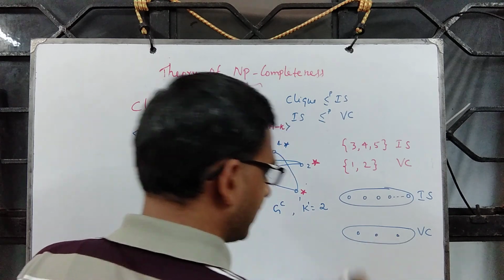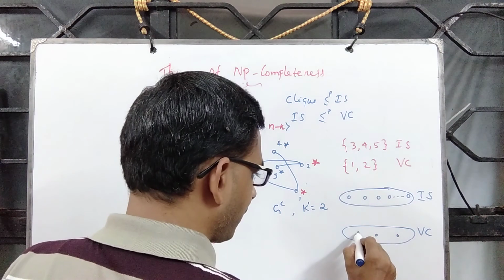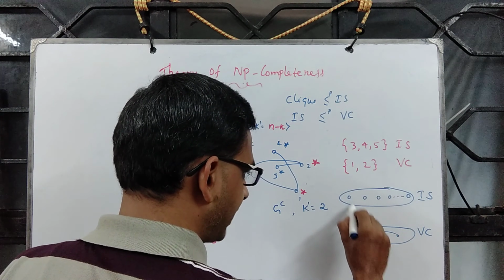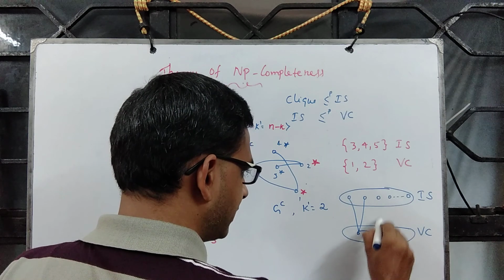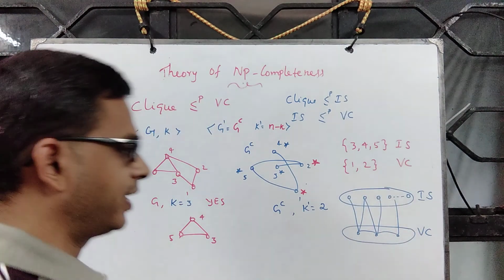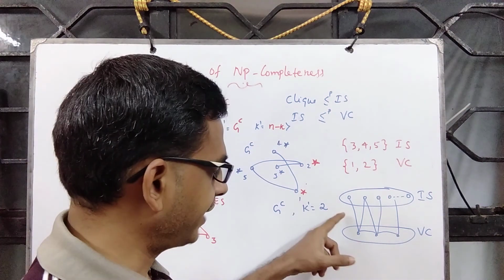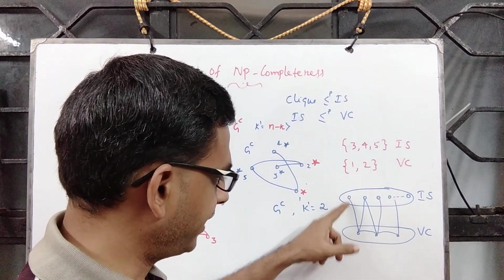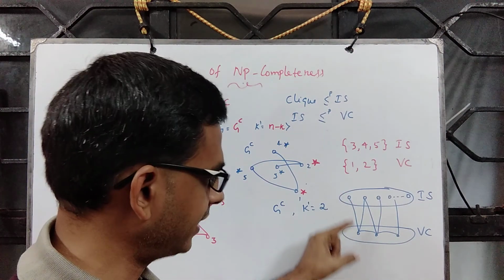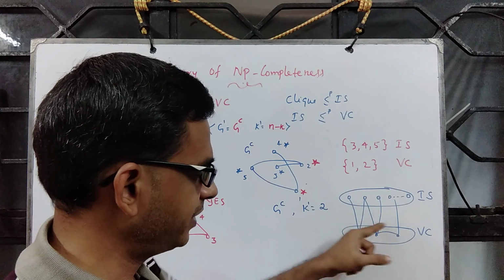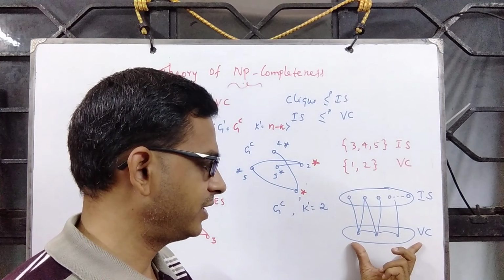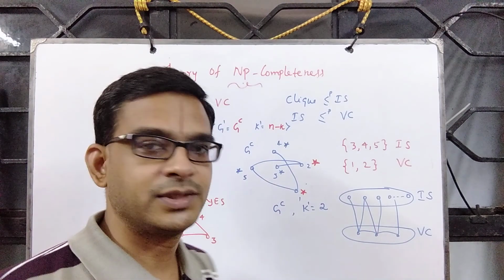Which means if you look at the other vertices, you may find edges inside, or the edges may go out from the vertex cover to this set. Either the edges are fully contained in the rest, or one endpoint is in this set and another endpoint is in the other set. Which means for each edge, at least one endpoint is present in the rest, therefore that set becomes the vertex cover for the graph.